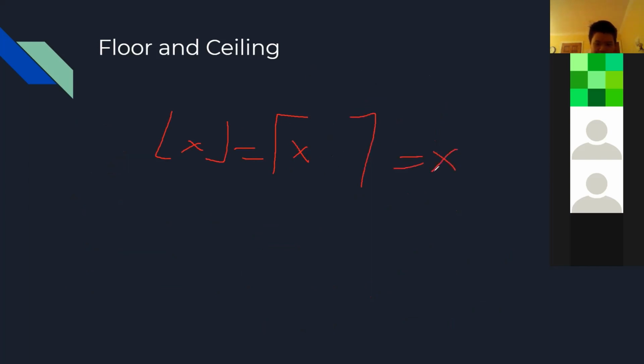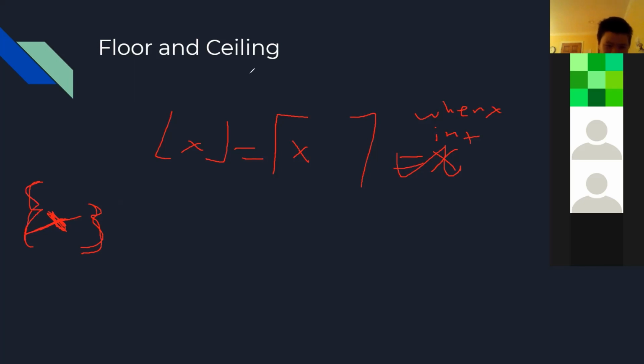1, X is an integer. So 1 X int. Another thing, a more obscure function, is the fractional part of X, which is written with 2 brackets.